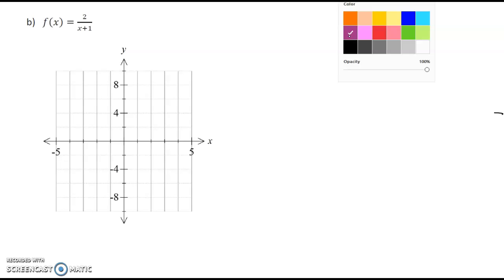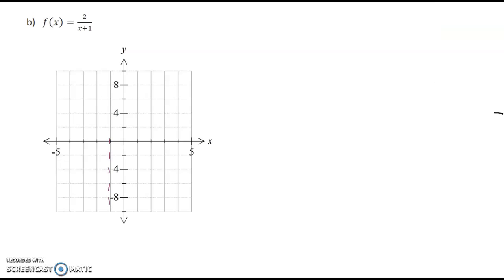We'd have an asymptote here at minus 1, and then we'd have one part up here that goes through 2 there, and then another part down the bottom. So that would be f of x.